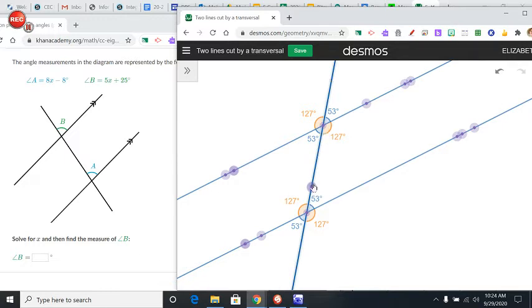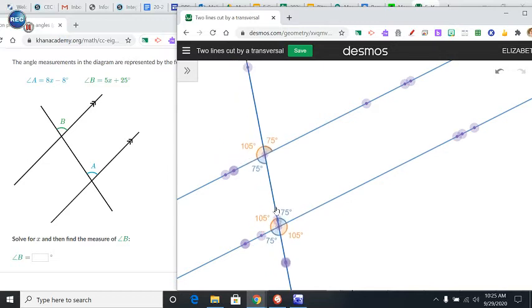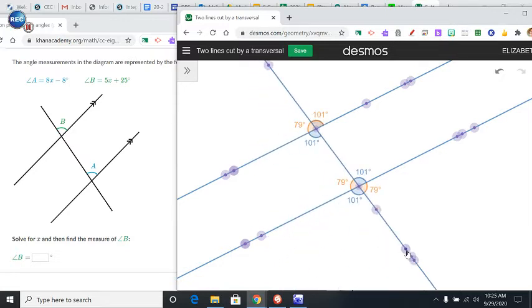Uh-oh, where are the points for this one? I don't even know where they are for this line. Oh, here we go. And this is kind of the most difficult part, just moving everything around. Sometimes it's almost easier to just create a new construction.